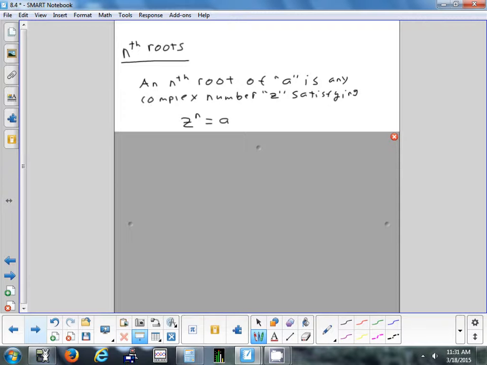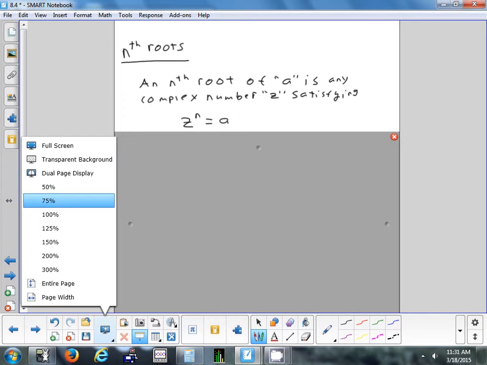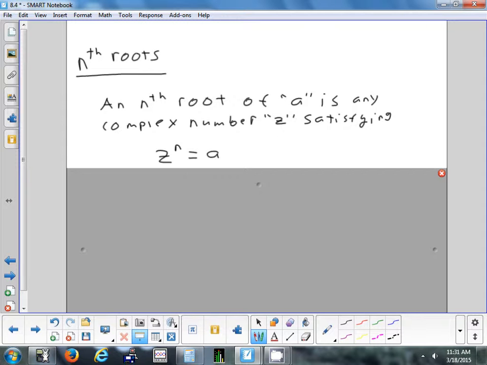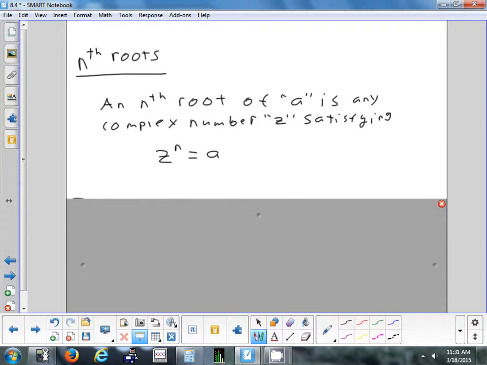Okay, so in general, we're going to find nth roots. Okay, and to find an nth root, this is the equation you need to set up and solve. z to the n equals a. If it seems confusing, look at it with actual numbers. Let's find the square root of 16. Okay? Let's fill in 2 for n, 16 for a, and then I'll show you how this makes sense.